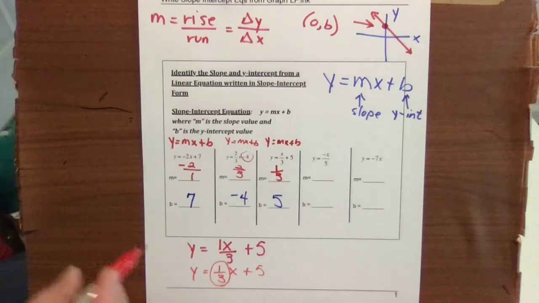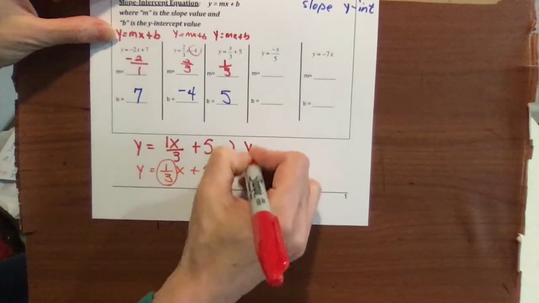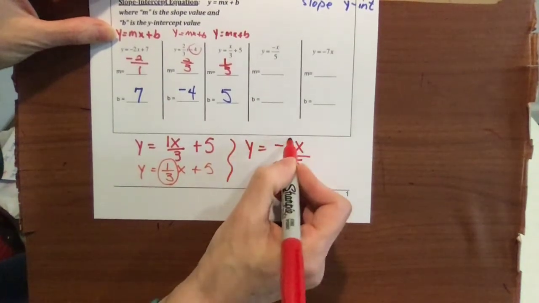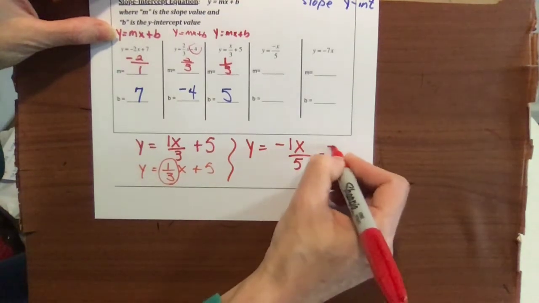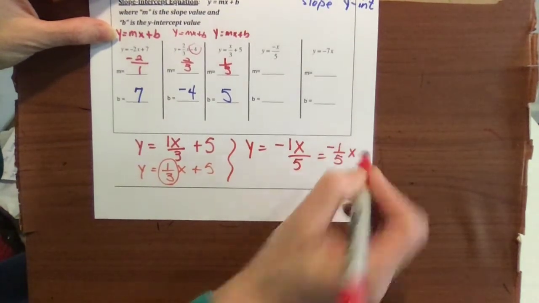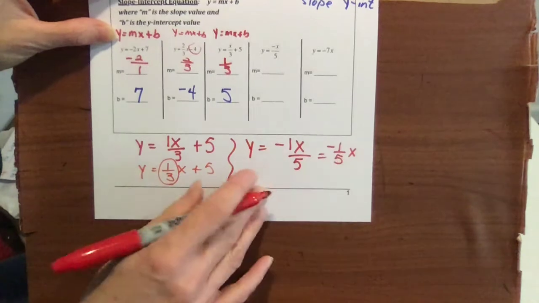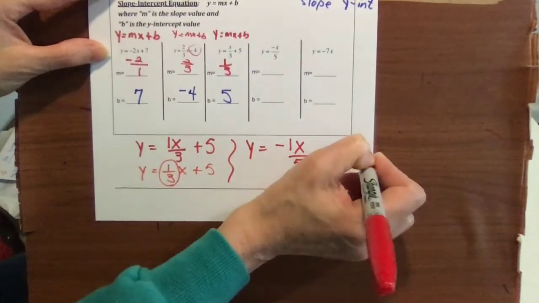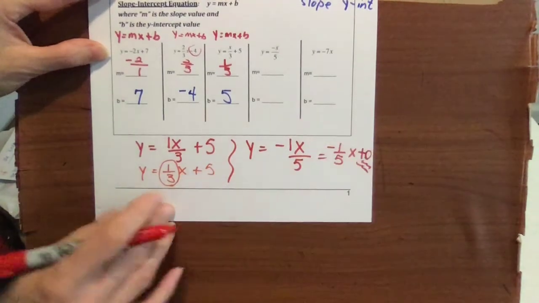All right, in the case where we have y equals negative x over 5, again, I'll make that a little larger down here. The coefficient of x is 1. So we're going to separate it into a fraction times x. But as you notice, there's nothing added or subtracted afterwards over here. So it's really like a plus 0. There's nothing there.